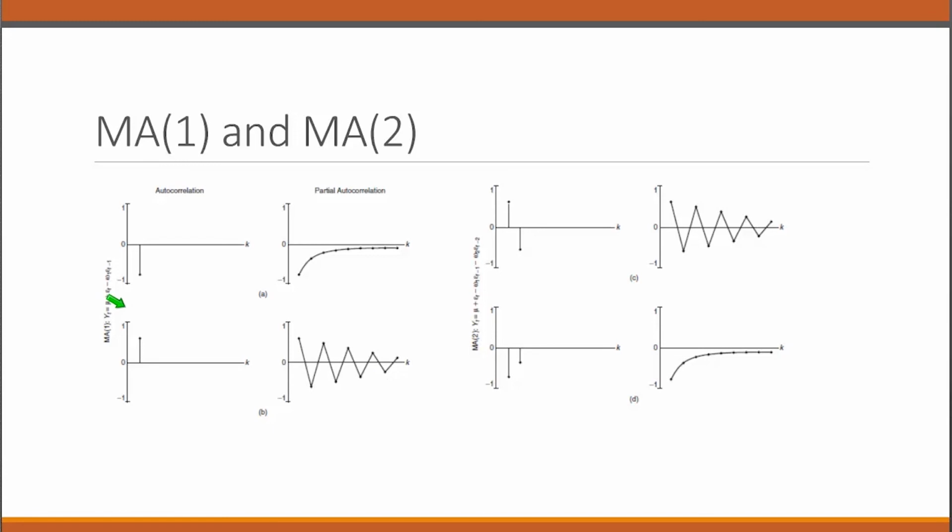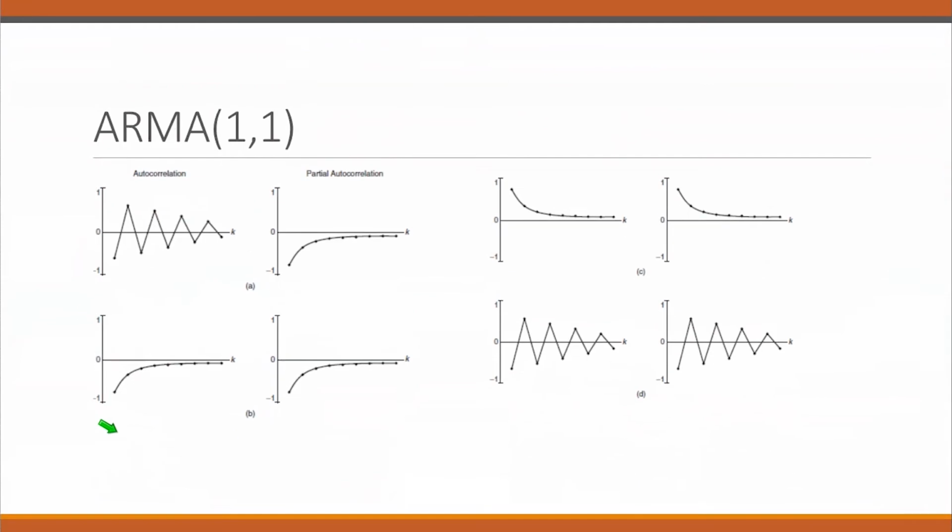The autocorrelation could cut off at lag 1 or at lag 2. If that's the case, then we need the MA part, the moving average part, and wherever the autocorrelation lags are cutting off, that's the level of MA we need. This is MA1, that is MA2. Now, when do we need both?